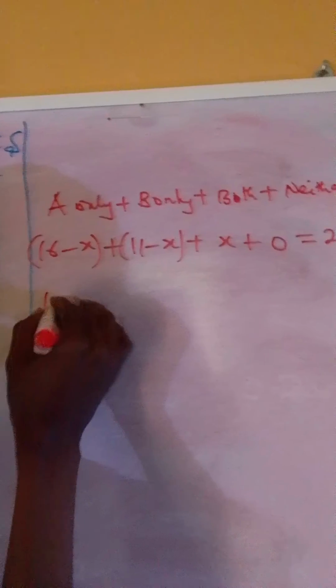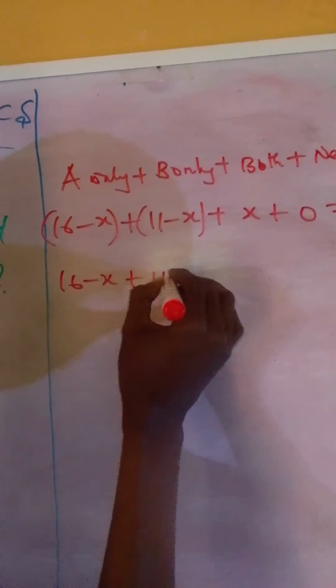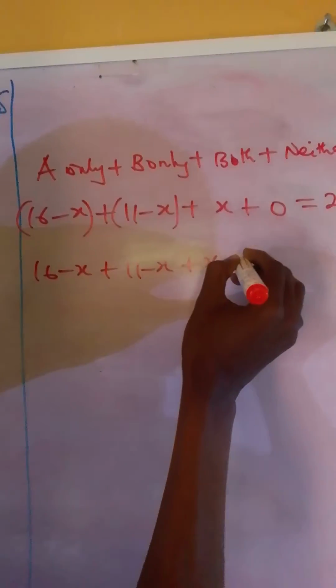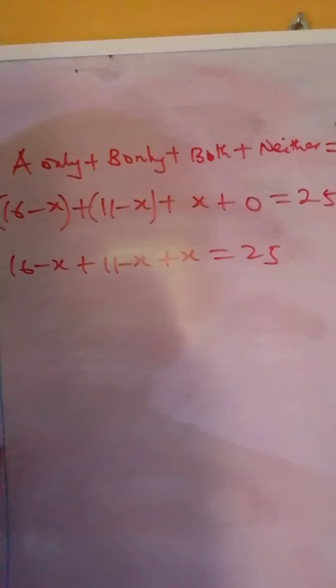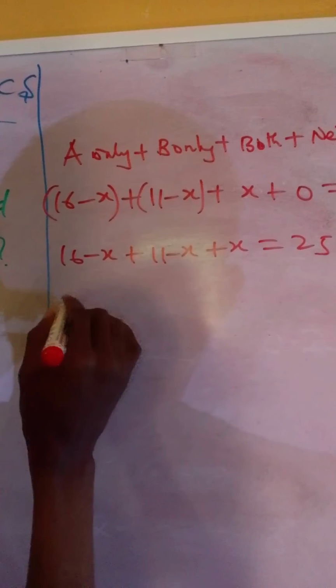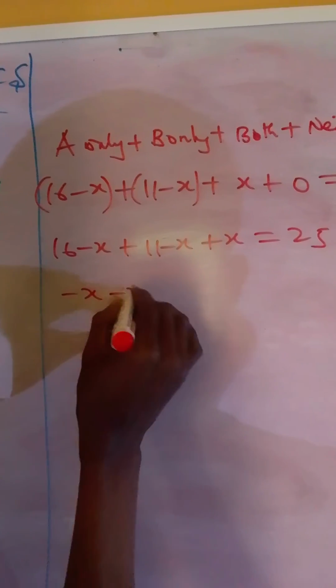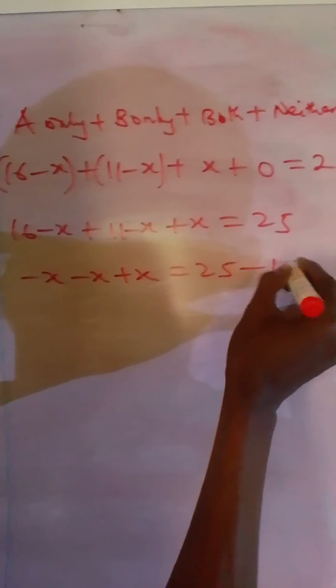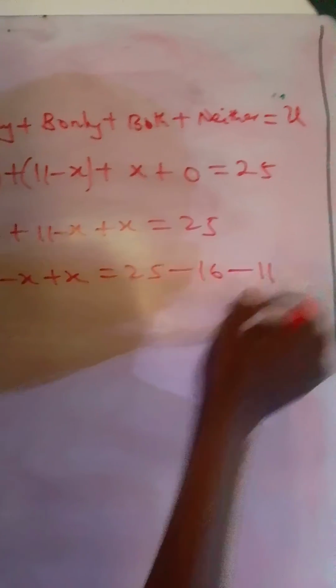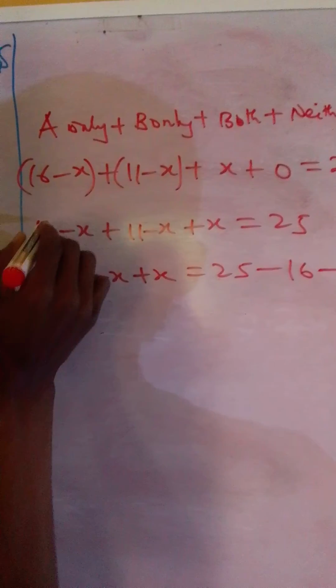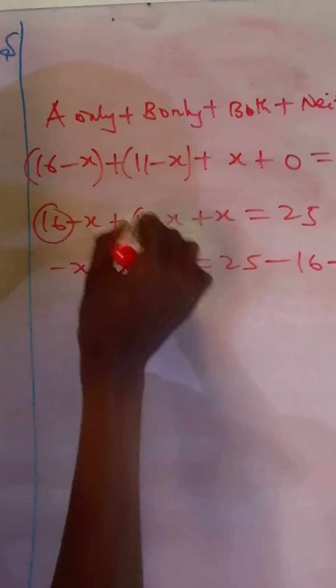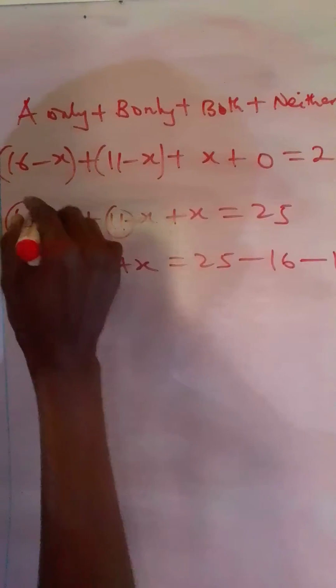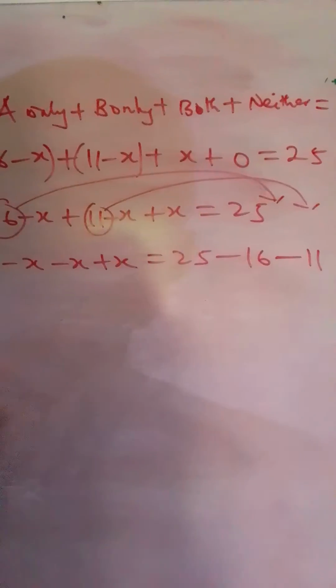To open the bracket, we have 16 minus x plus 11 minus x plus x equal to 25. Collect like terms. So we have minus x minus x plus x equal to 25 minus 16 minus 11. So I just had to take 16 and 11 to this other side of the equation.